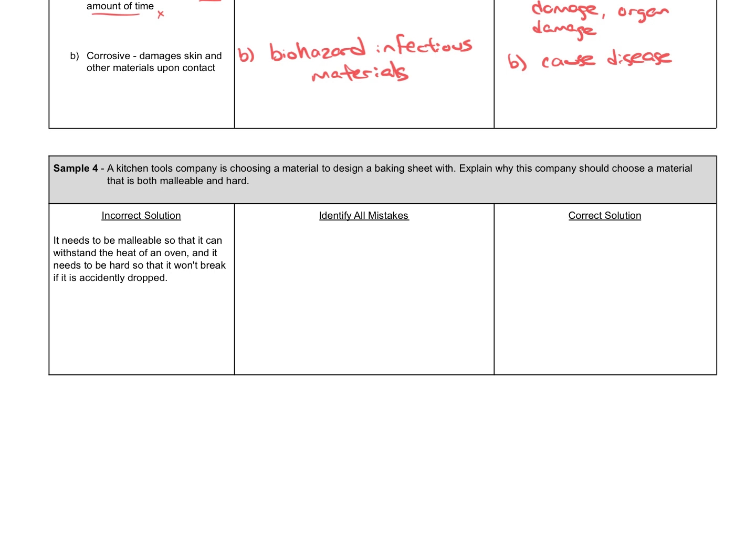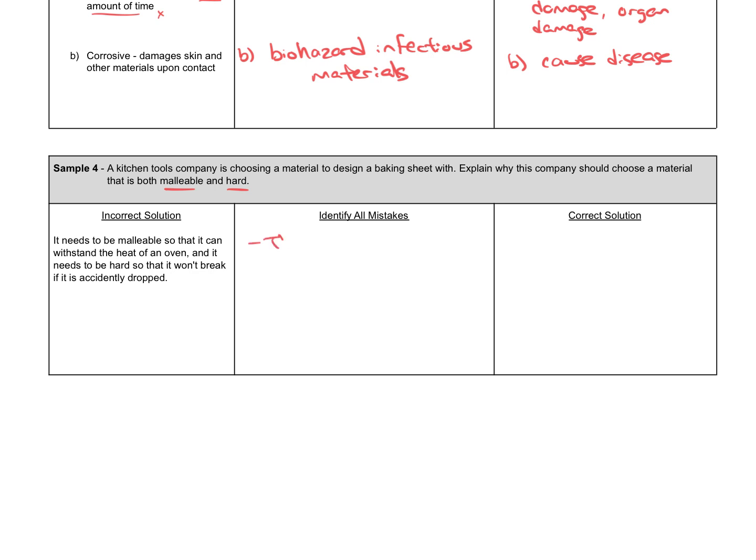So, yes, a baking sheet does need to withstand heat, and yes, it does need to not break if you drop it, but those are not the definitions of malleable and hard.